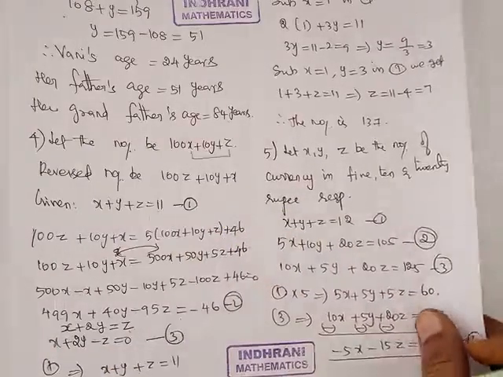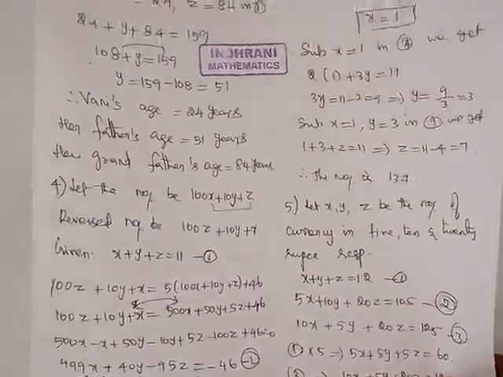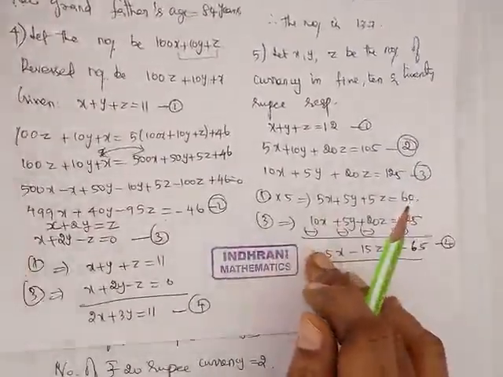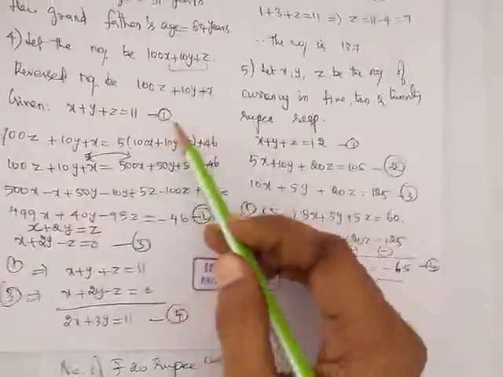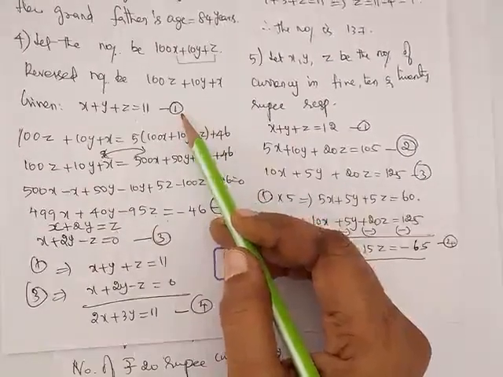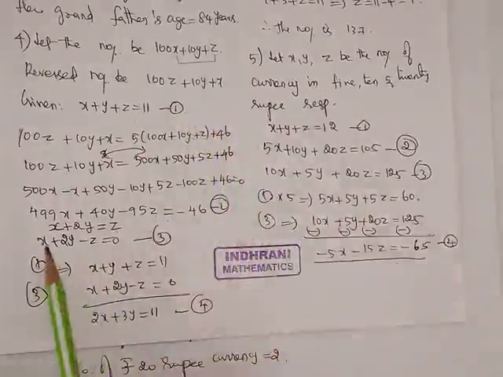So for solving this one, let us start with equation number 1 and 3. Reason is, look at equation number 1. It is X plus Y plus Z equal to 11. Equation number 3 is X plus 2Y minus Z equal to 0.